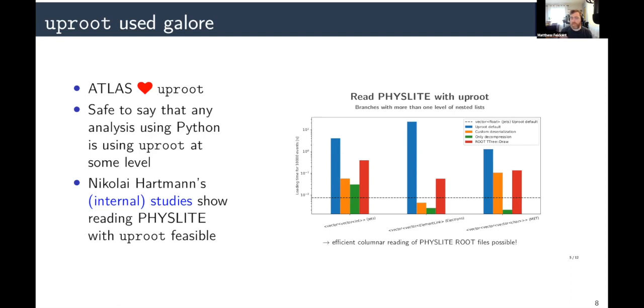And maybe I can let Nikolai talk more in questions and also in discussions about this, but this is basically just demonstrating that while naively the time to read events from PHYSLITE with uproot is perhaps prohibitive, you can do a little bit of work, and you should actually be able to get efficient columnar reading of PHYSLITE. So this is also interesting work that's going to be followed up on more.